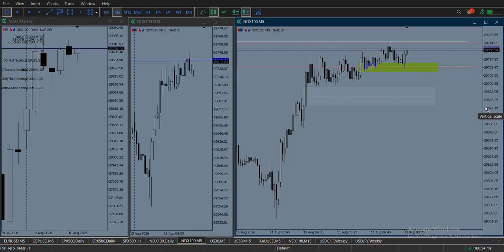So 736, 737, we touched 737. And even if we bought at 720s, 740s is around the corner, creating a nice reach to that level.